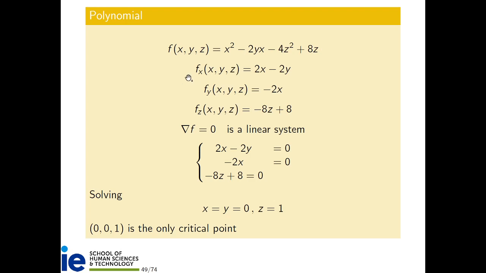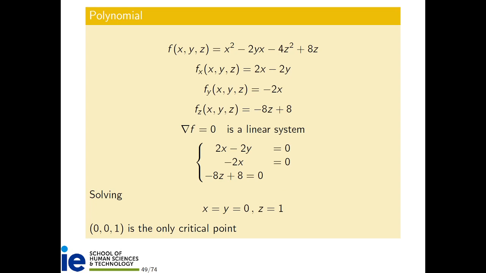So the partial derivative with respect to x can be shown to be 2x minus 2y, and I set that equal to 0. The partial derivative with respect to y is minus 2x, and I set that equal to 0. The partial derivative with respect to z can be shown to be minus 8 times z plus 8, and I set that equal to 0.